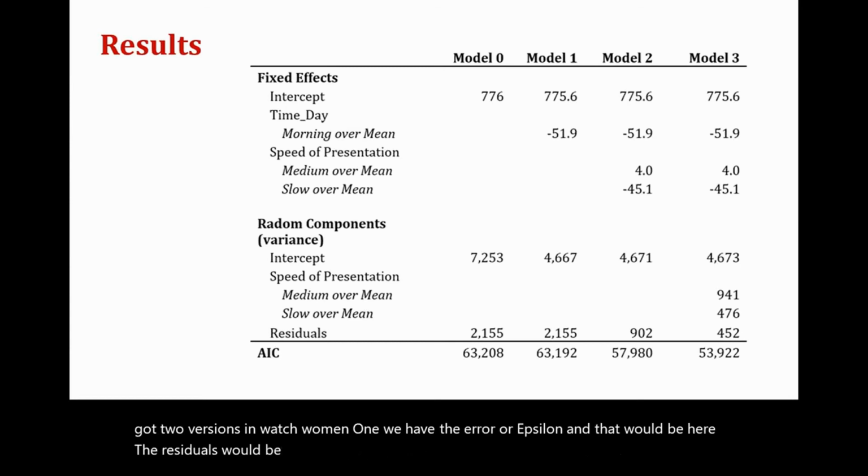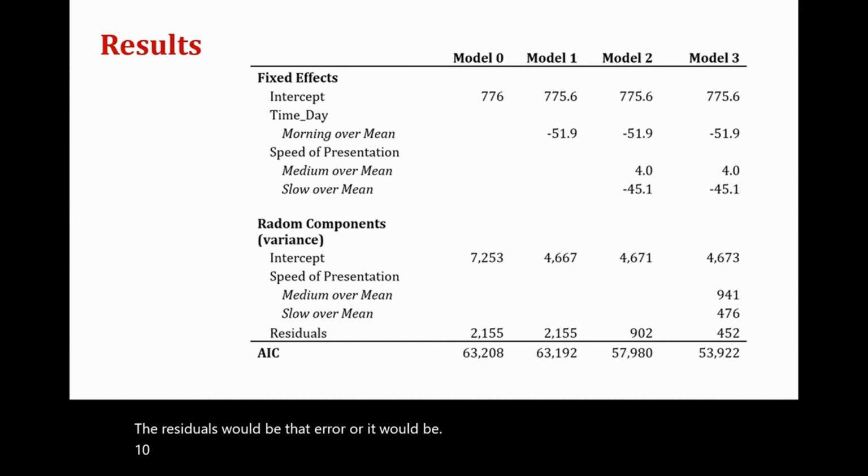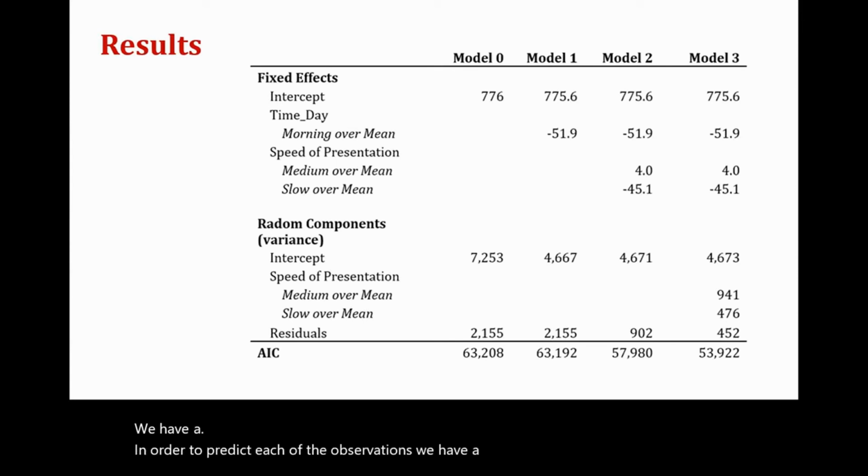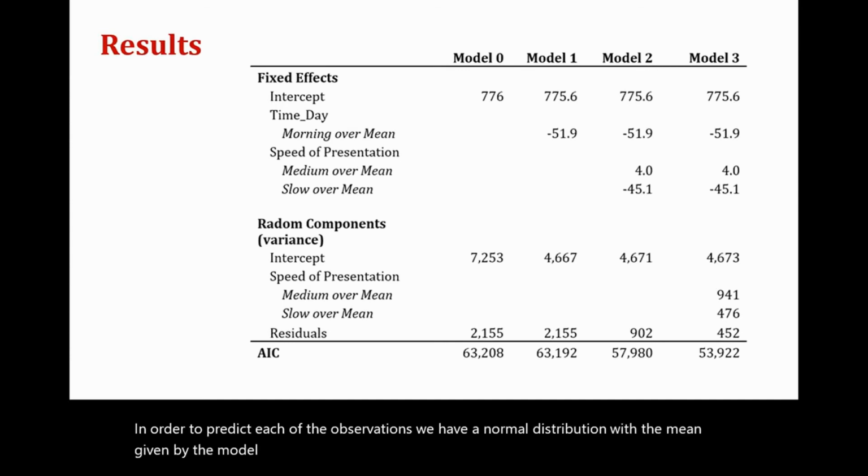In the second version of the way I presented linear models, to predict each of the observations, we have a normal distribution with a mean given by the model and the standard deviation sigma, which is estimated. These residuals are equivalent to that standard deviation.